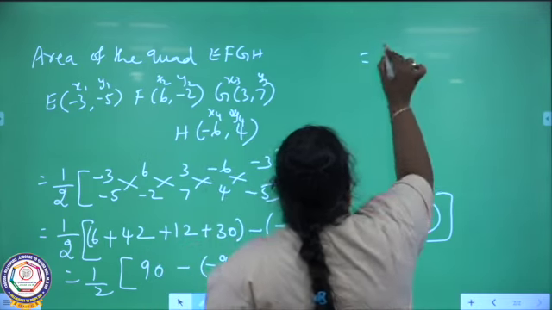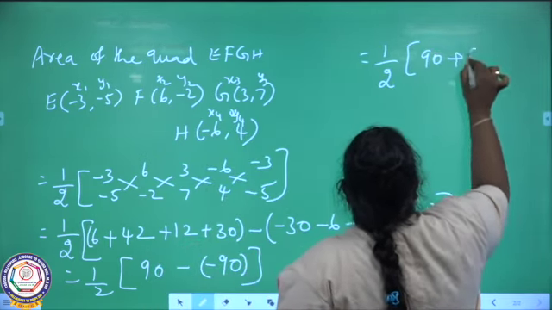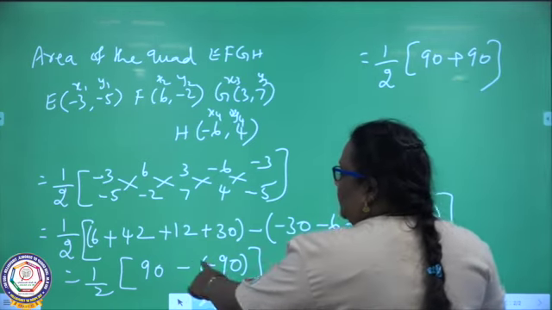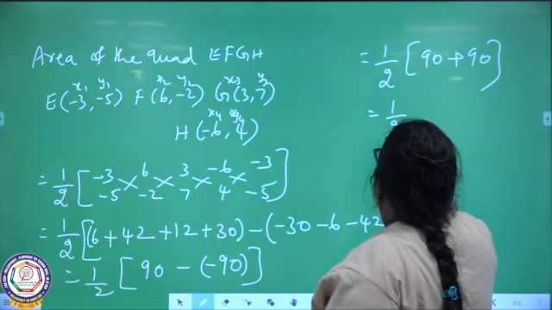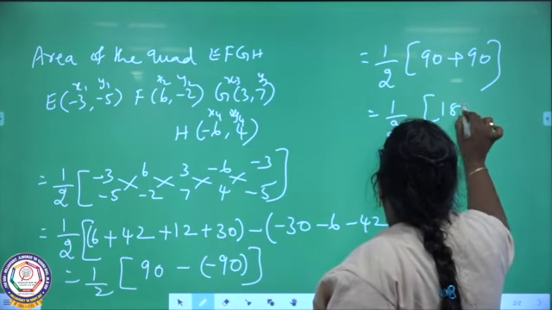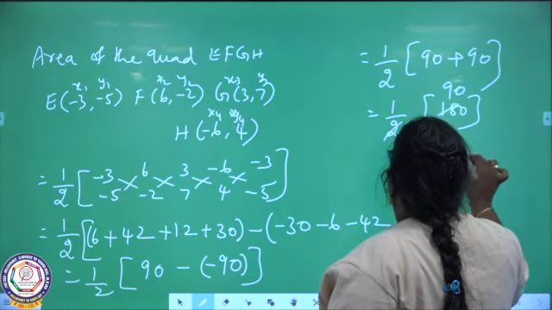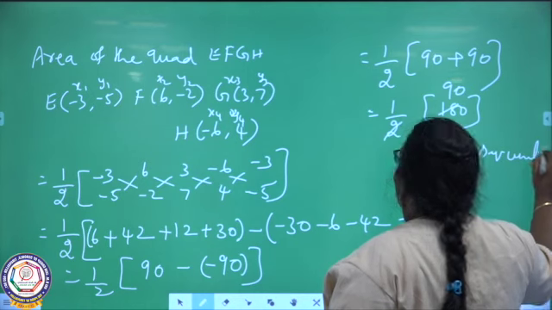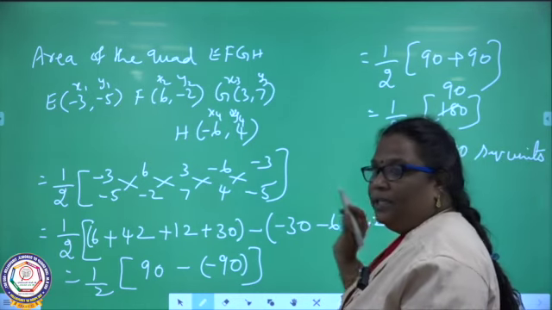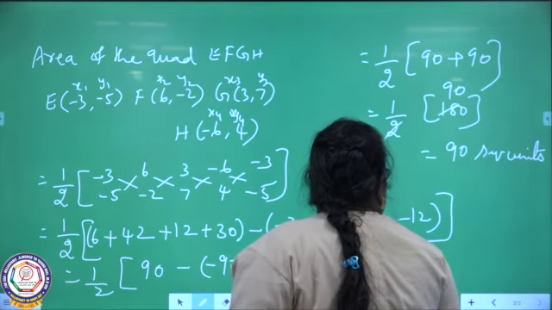So it gives 1 by 2 into 90 plus 90, minus into minus plus 90. So it gives 1 by 2 into 180, cancel, the value is 90 square units. So the area of the quadrilateral EFGH is 90 square units.